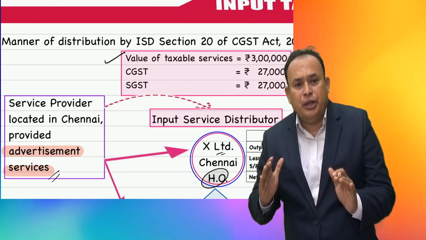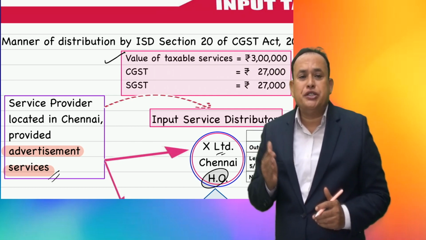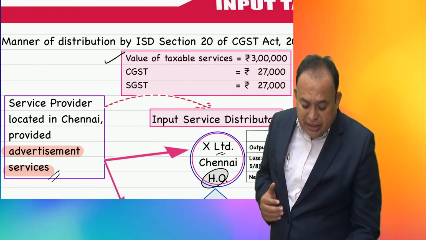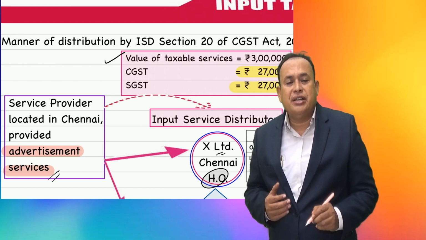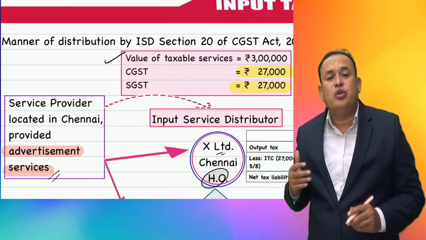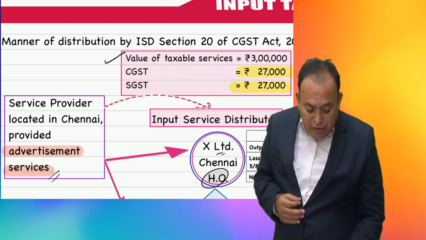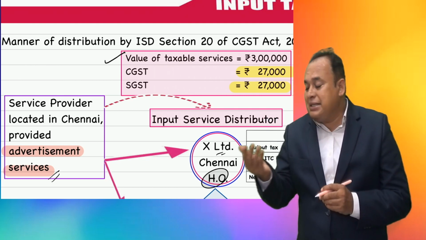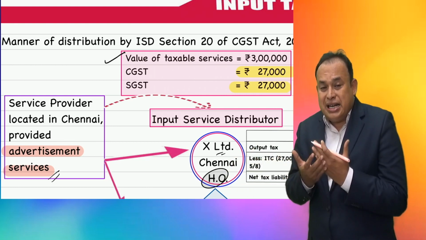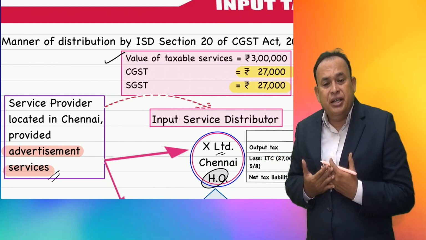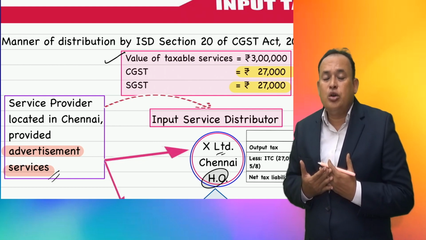For example, I am telling you, the advertising agency service provider makes the intrastate supply charging the GST, namely CGST as well as SGST 27,000 and 27,000, and raises a 3 lakh 54,000 bill and gives it to X Limited Chennai. X Limited Chennai received the invoice with the GST. So, what is the credit available in X Limited Chennai? In the name of CGST, 27,000. In the name of SGST, 27,000.